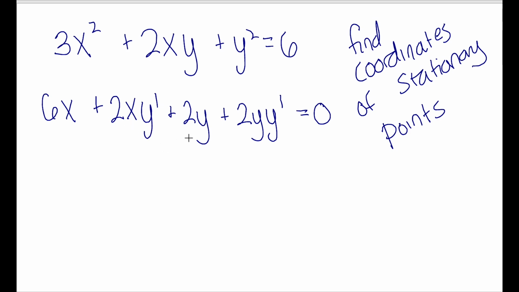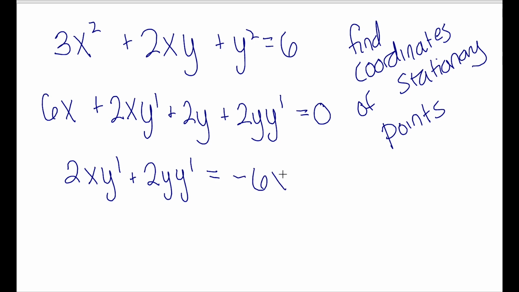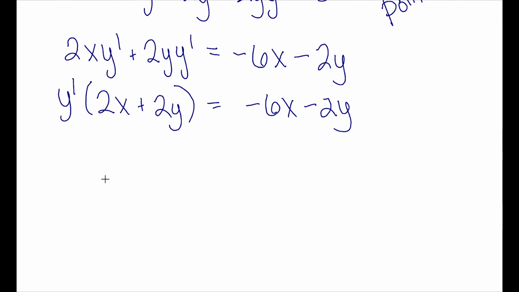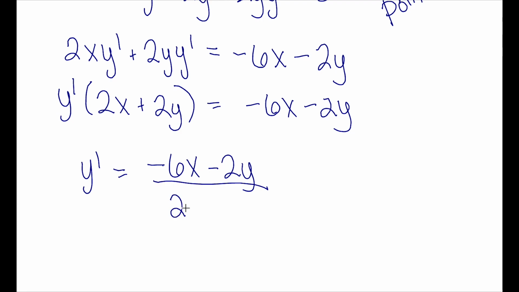So once again, we'll get all of the y primes together and move everything to the other side. Factor it out. So y prime equals negative 6x minus 2y over 2x plus 2y.